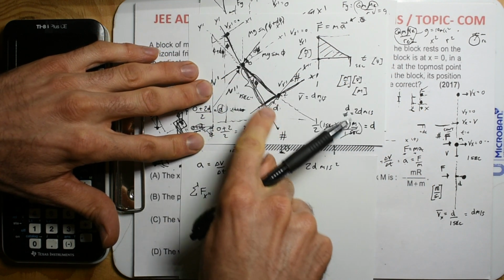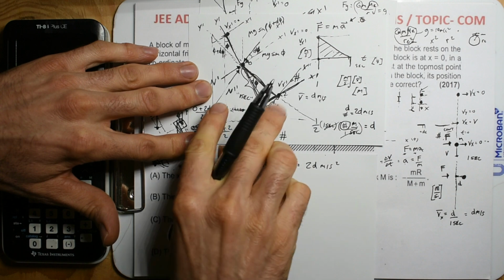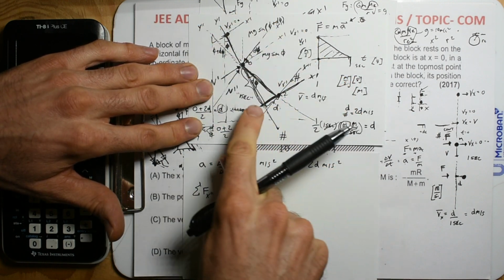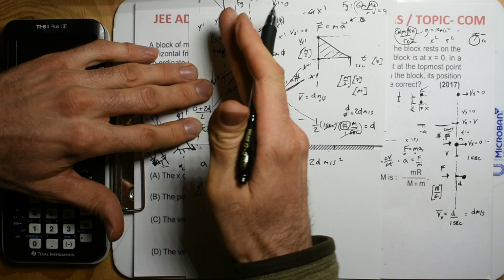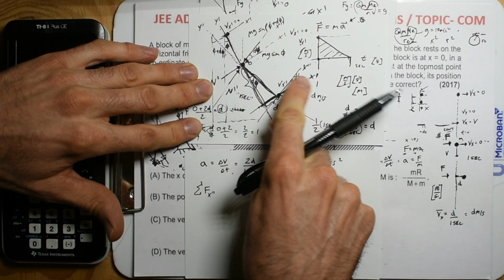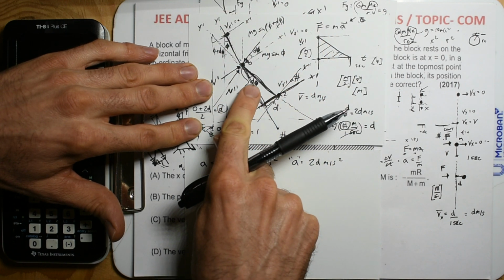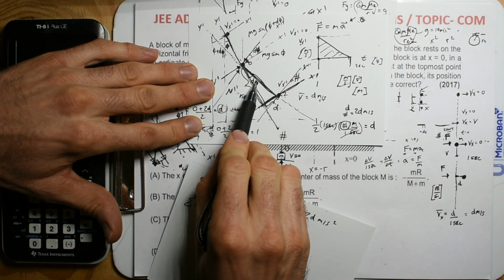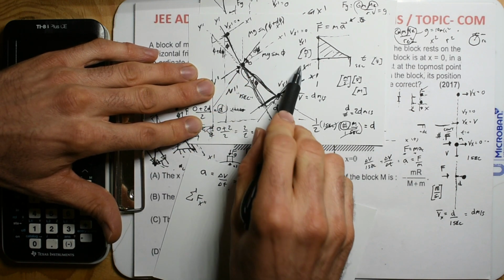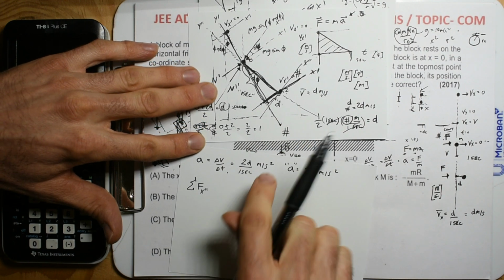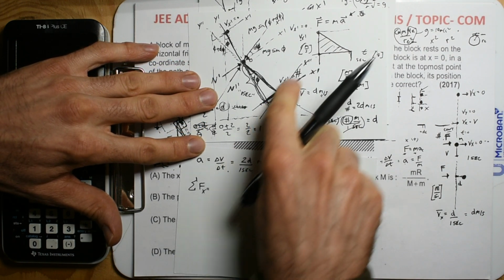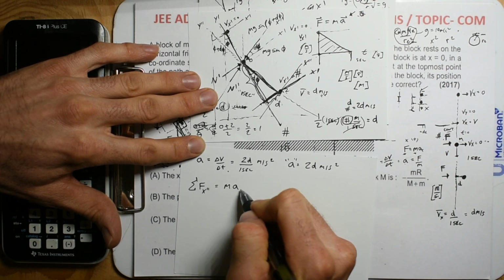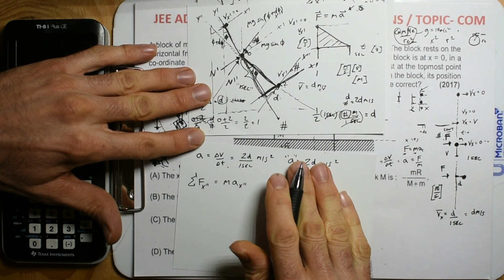That's one aspect of this drawing that feels not 100% accurate, but as this angle approaches 0, these two angles are going to be the same. As you take this experiment and say that this angle approaches 0, then these two axes are the same. So we are going to say in this x double prime direction, the sum of the forces is the mass times the acceleration in the x double prime direction.